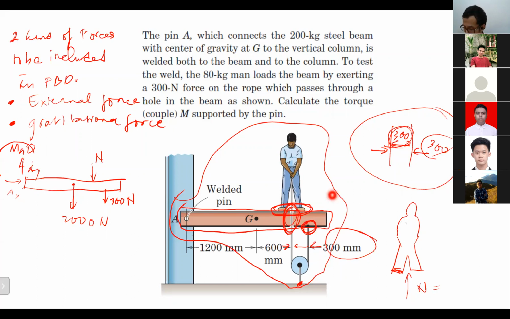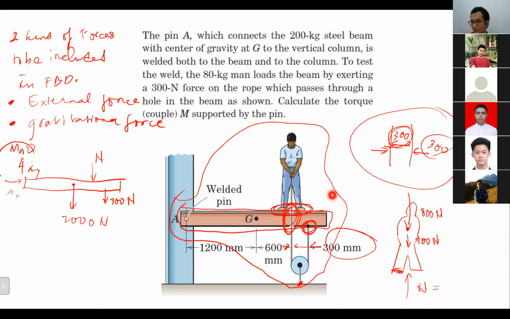The man has weight of 80 kilograms, so 800 kilograms. What else is there? The man is pulling the rope, right? Pulling the rope up means he gets pulled by the rope down, so 300 kilograms down. That's it.